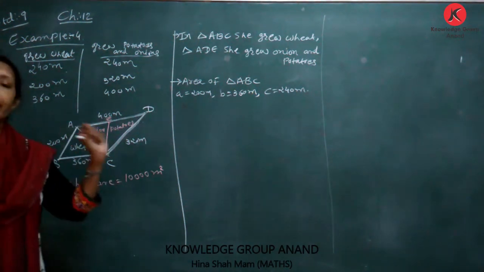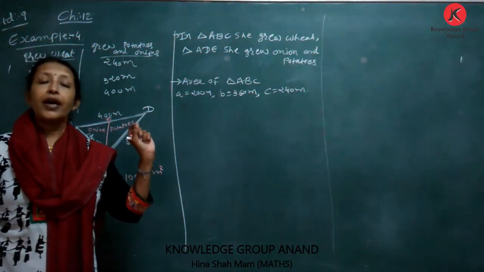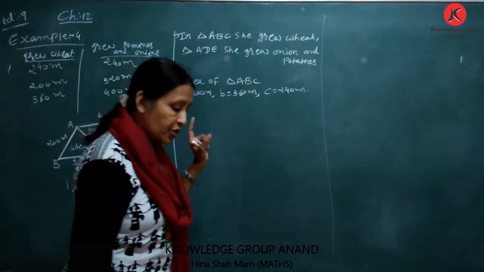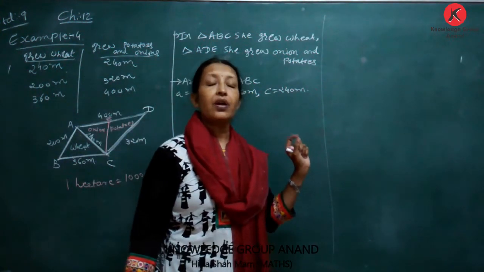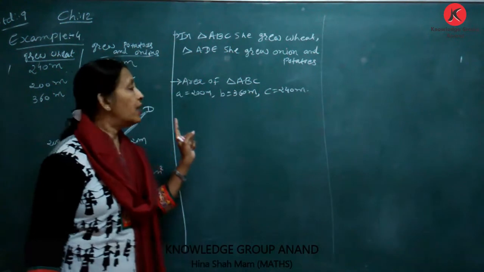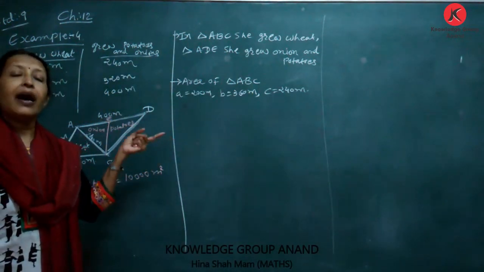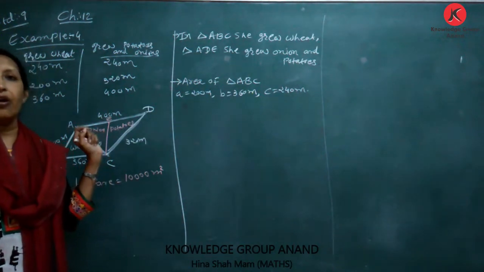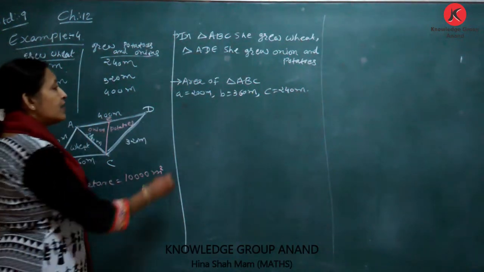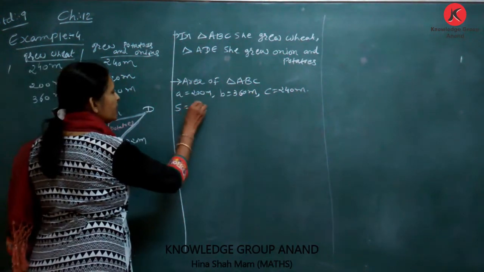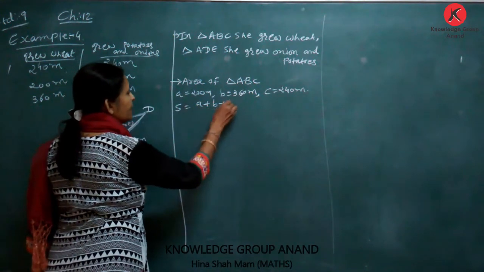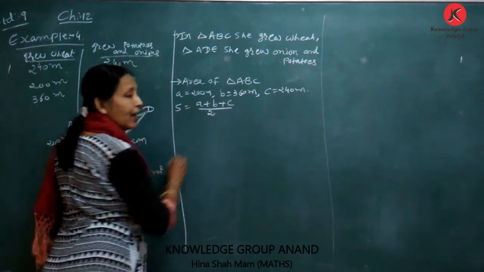For finding the area of a triangle, what do we do? First we find the semi-perimeter and then find the area of the triangle. Semi-perimeter is equal to a plus b plus c divided by 2.